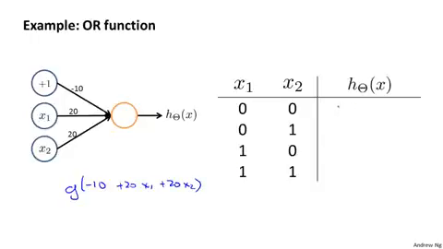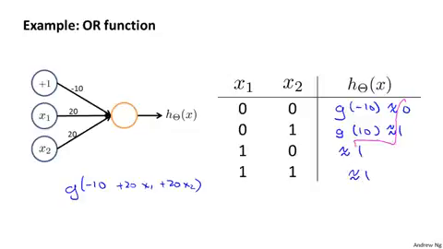If you fill in these values, you find that that's g of minus 10, which is approximately 0, g of 10, which is approximately 1, and so on. And these are approximately 1 and approximately 1, and this is essentially the logical OR function.